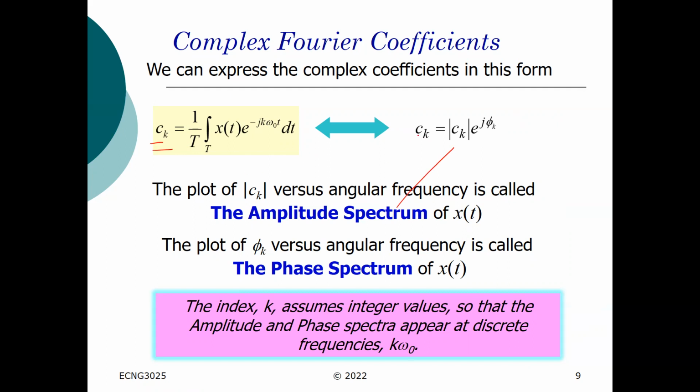And if we plot the argument of CK, we call that the phase. So the angle of this is the phase spectrum. And you remember, we are very careful in that all signals have both an amplitude and a phase. The amplitude relationship is nice. It tells you all of the components that make up the signal. But the phase is very important because it tells you the timing relationship between each of them.